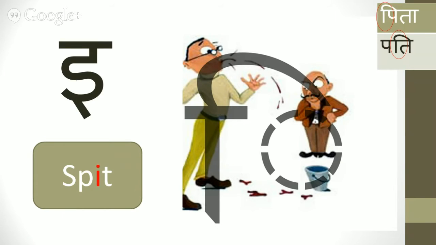Now here is I. And we said it sounded kind of like when you spit on people, except it's more the Indian version. I spit on you. So we have this man here spitting on the consonant. The consonant goes where the circle is. Now, do you notice something really weird and perplexing? The man in the background is thinking, this is quite strange.